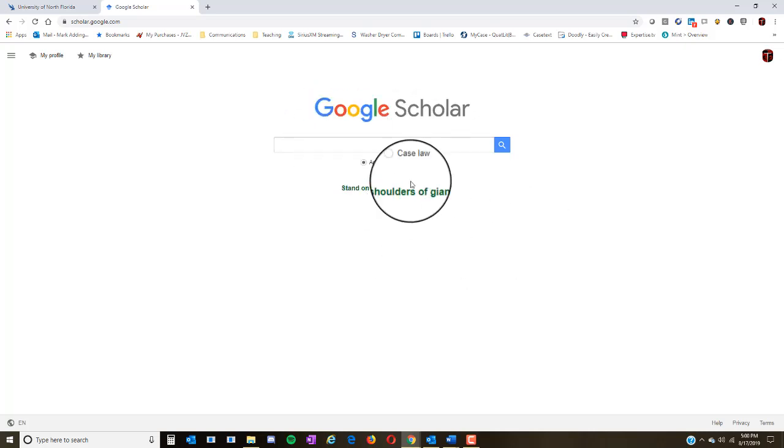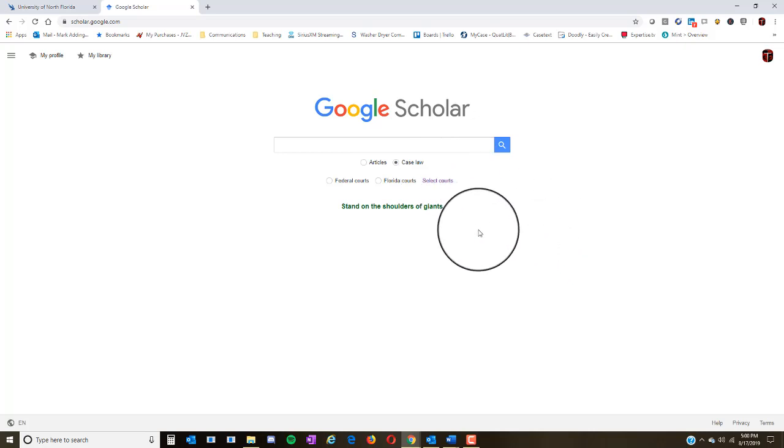This is a better search than the generic Google search because this does tend to seek quality resources with regards to its articles, and you have the ability to access case law, which is much more reliable than a generic case law search in the Google engine.